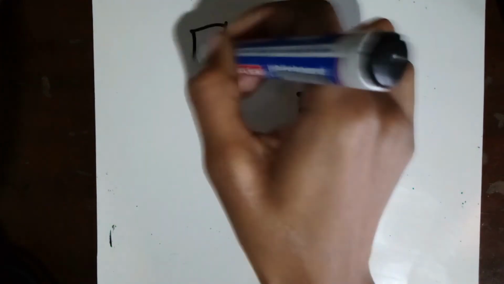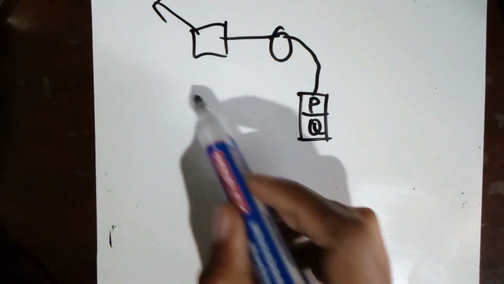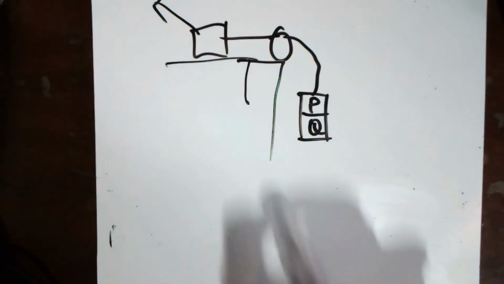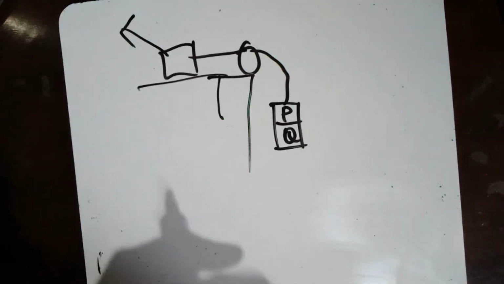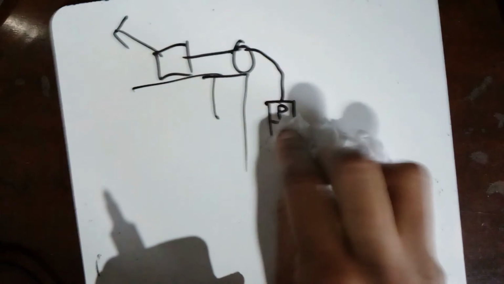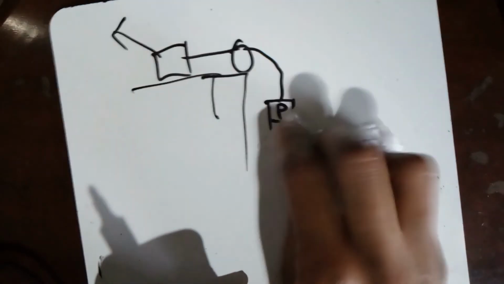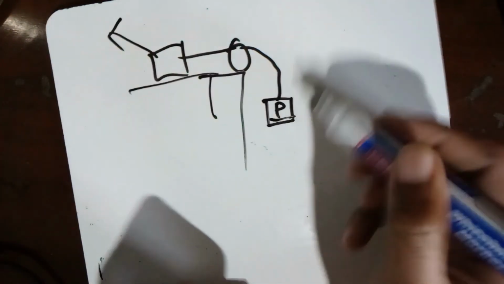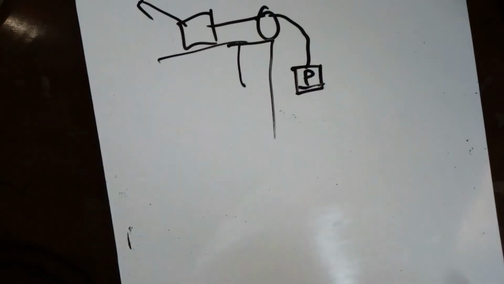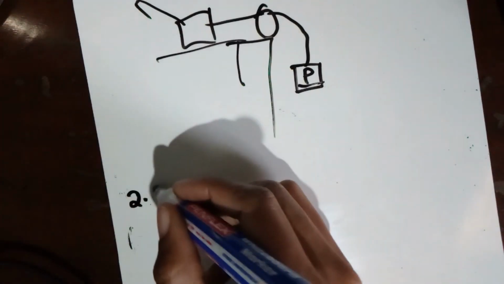Remember we had two blocks, P and Q, and there's a pulley connected to this. It's just a rough sketch of that situation. After a certain time, this block will break off, and we are left with only P. What will happen to the tension in the string?